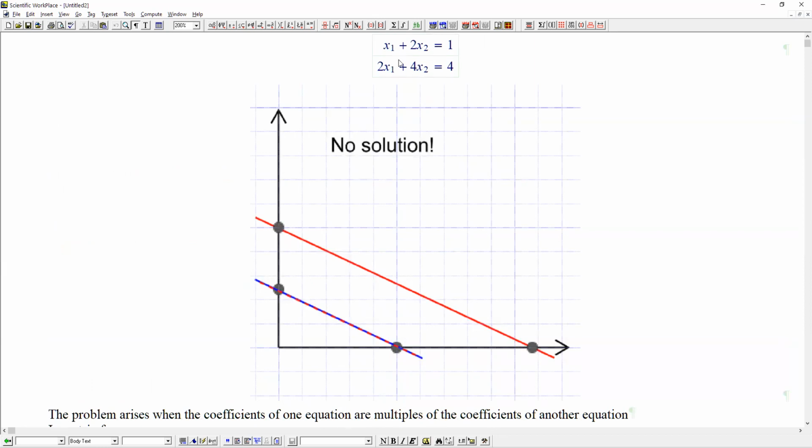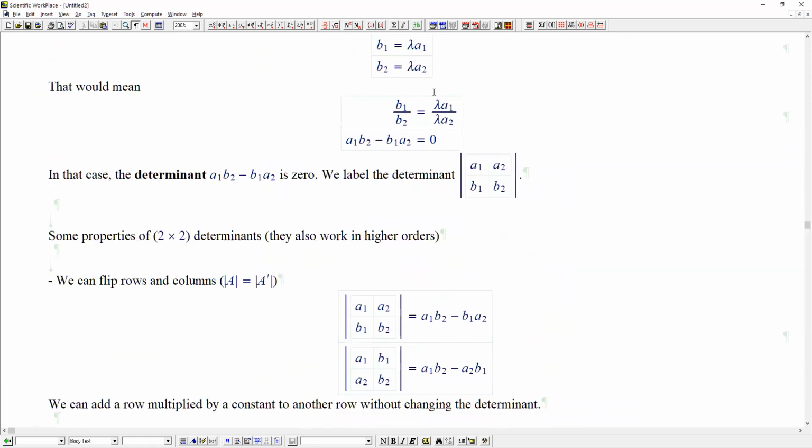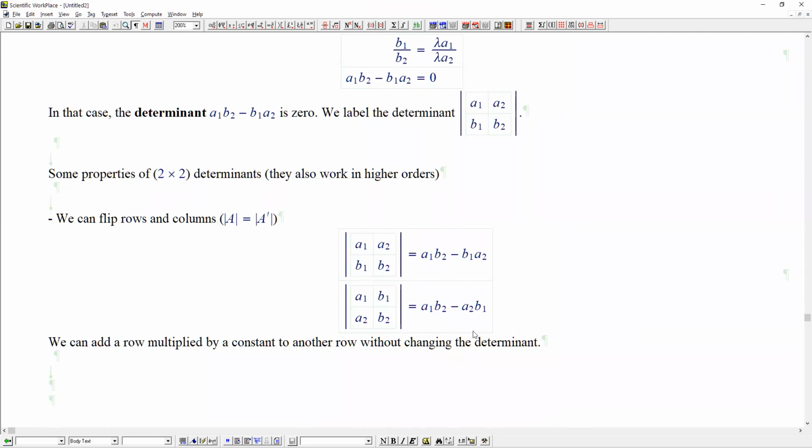Imagine I have 3 here instead of a 4, I'm going to put back the 4, don't worry. Then I take this equation and add it to that one and have this system instead. Well, it doesn't change the system by itself, since there's a unique solution that fits this and this. If I just add one equation to the other, it's still the same system of equations. So this is going to be reflected in the determinant as well.